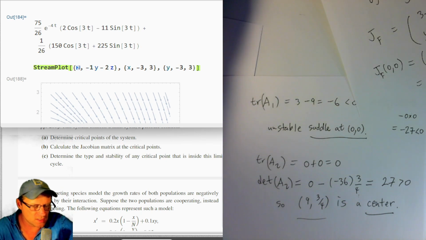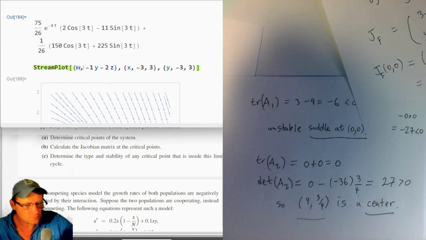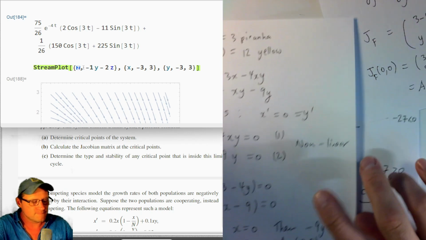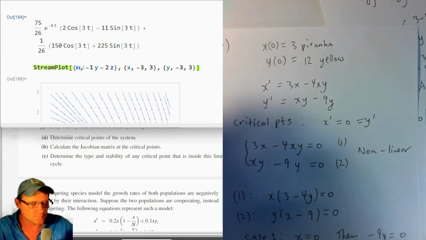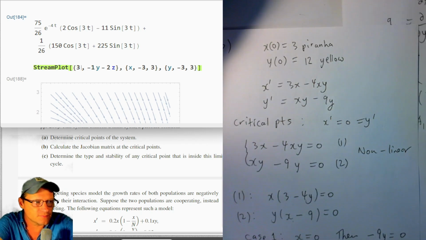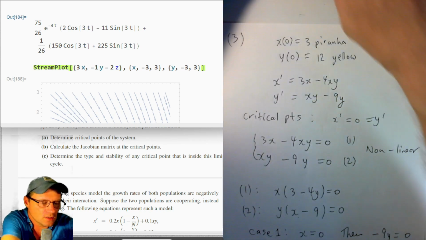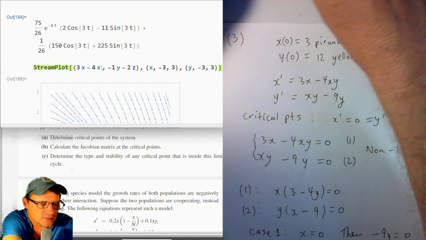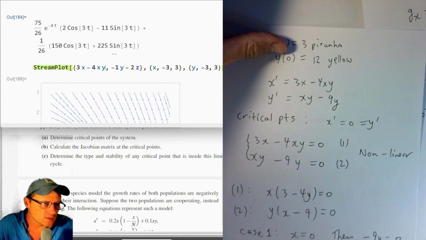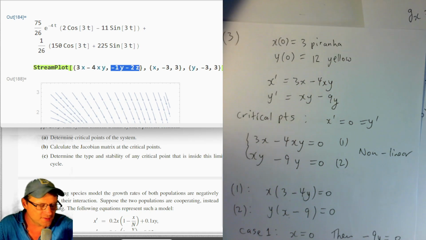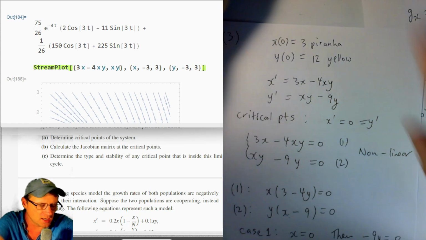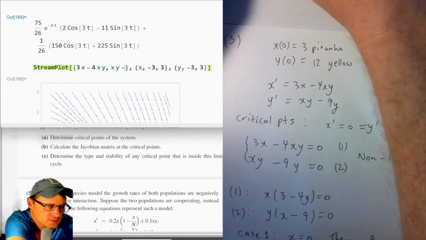The first one is (3x minus 4xy), and then we put in our second one, y dash, which is xy minus 9y.